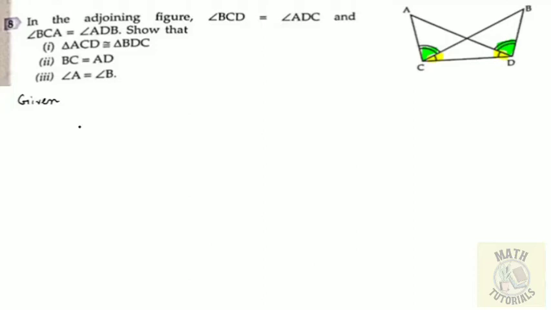Angle BCD is equal to angle ADC and angle BCA is equal to angle ADB. Now if we add these two angles, what will happen?